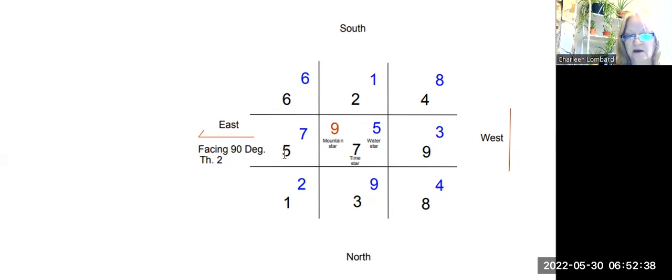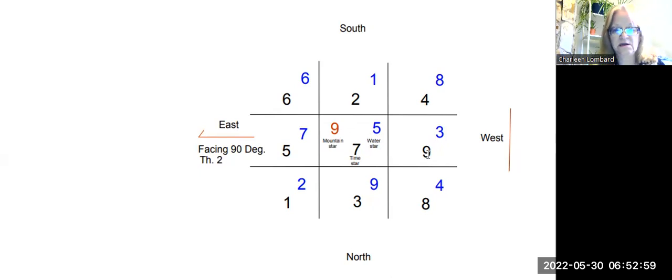So the 5 is the east permanent star when you moved in. So the 5 star goes to the water star. The facing is always the water star. And the mountain star is missing the 9 here. I gotta fix that.